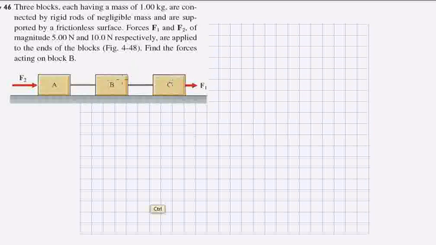Then taking the mass of block B and multiplying it by the acceleration I found in the first step gives me the net force on block B. I will also have to look at what the net force on block A is in order to get to B. So to start off then, let's look at the system.